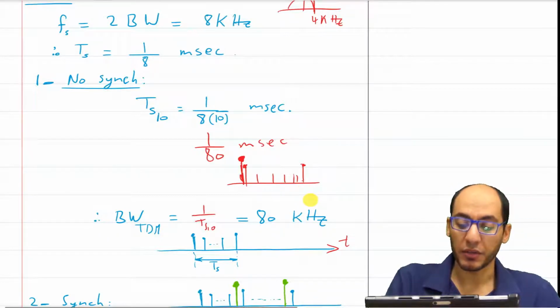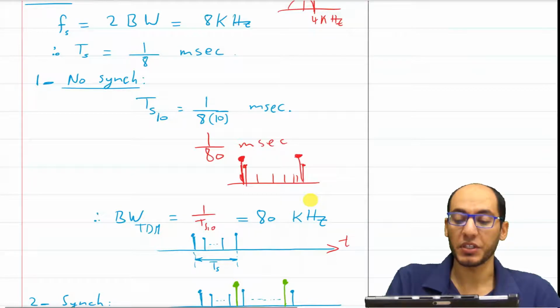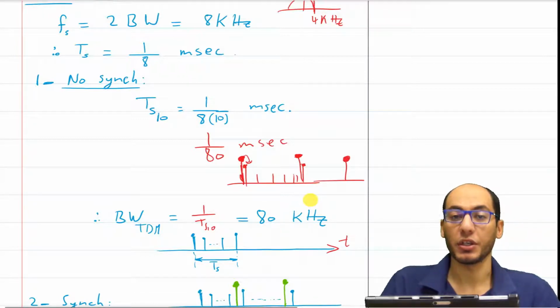So the user detects this signal, and the user knows that he's the first user. After the synchronization signal, he picks up the first sample and leaves a certain amount of time, waits for the second synchronization signal and decodes the second sample, and then waits for another amount of time until he receives the third synchronization signal and receives the third sample, and so on and so forth.